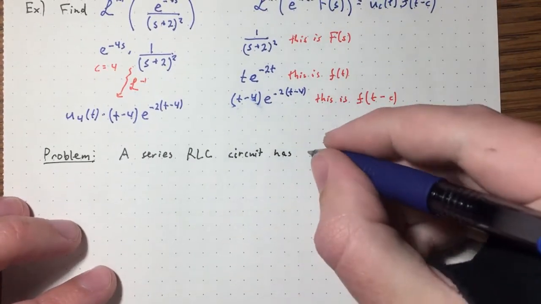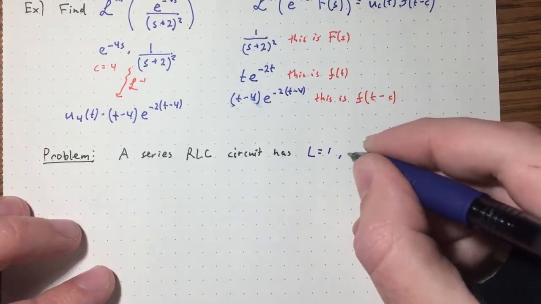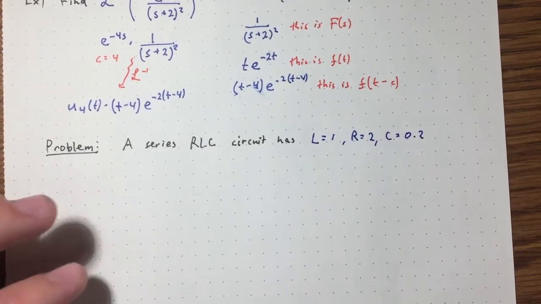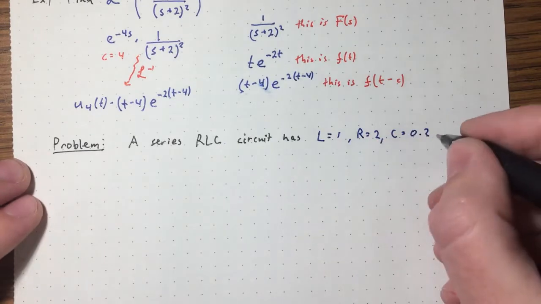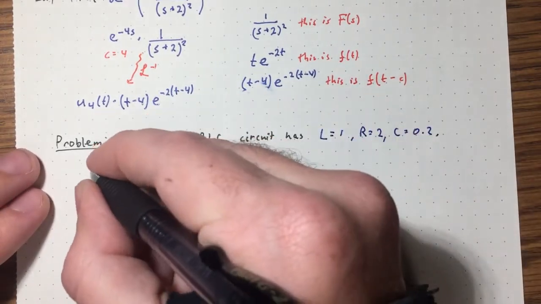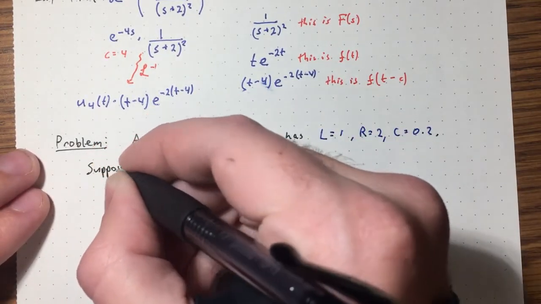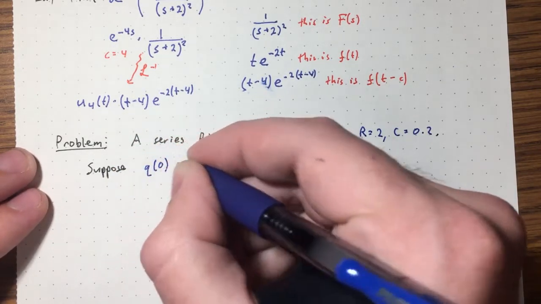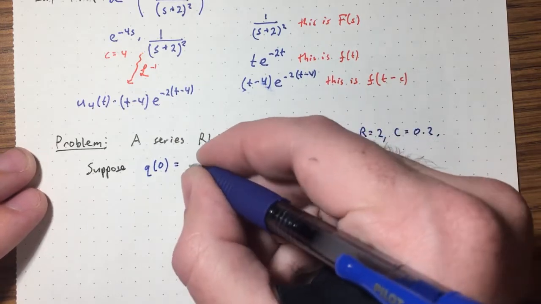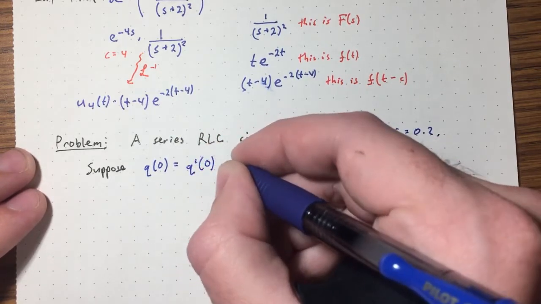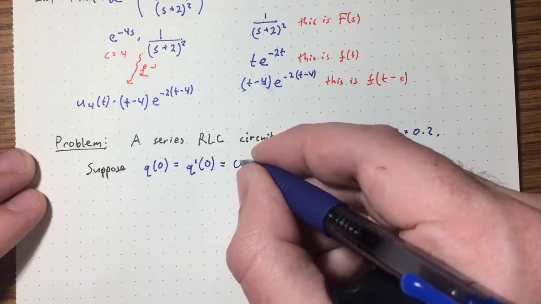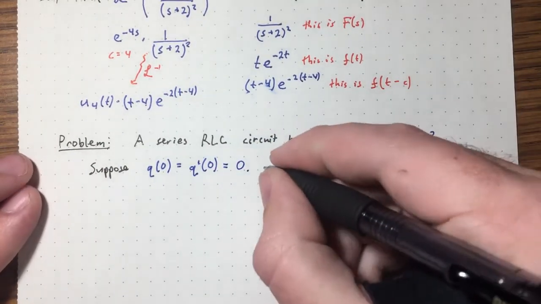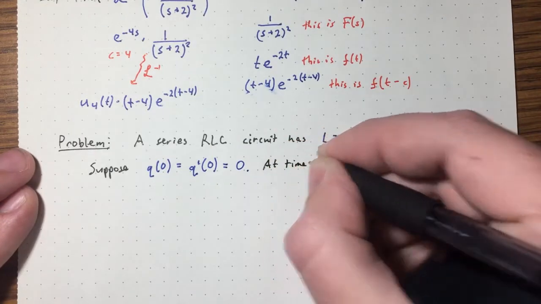So I need to tell you what L, R, and C are. L is going to be 1, R is going to be 2, and C is going to be 0.2. Okay, and let's suppose that the initial charge, Q of 0, and actually the initial current, Q prime of 0, are both 0.